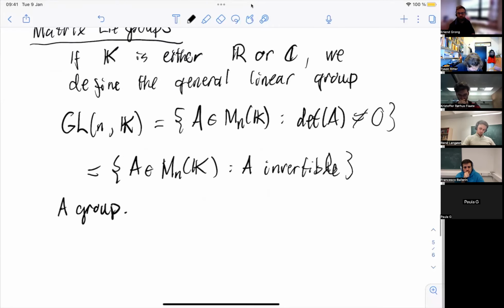We have the unit, the identity matrix, which has determinant different from 0, and since all matrices are invertible, we have that each element is invertible. But it's no longer a vector space.